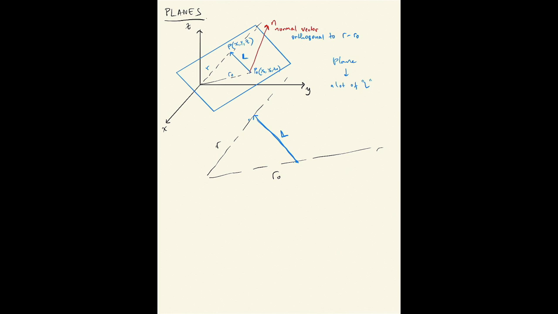So I will write R minus R0 to represent the vector P0P, because we want to go from this point P0 to P. Orthogonal means the normal vector n, when you dot it with R minus R0, is 0.